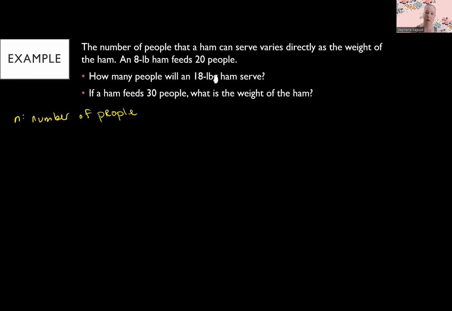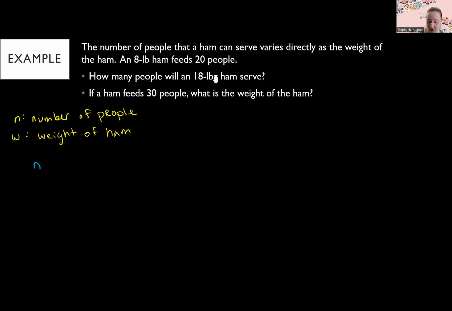So that's the other unknown we have, the weight of the ham. And if you look at our numbers, they give us number of people and weight of ham. So I'll use W for the weight of the ham. It's always good to write your variables down and what they represent, so that way you know where you're plugging your numbers, what number goes where. So once I've determined what my variables are, I can start with my translating. So we've got the number of people n.